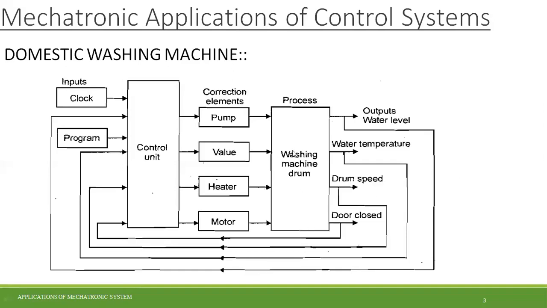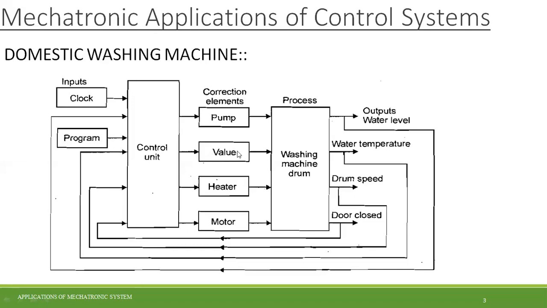So here this drum, after sucking the water, will need to be rotated by cutting off the pump, and the major power supply to the pump will be given access by the controller. After the drum is filled, the sensor will give the feedback signal to the controller that the drum has been filled, and this indicates that even though the power supply still exists, the valve of the pump that is supplying water to the washing drum will be switched off, so that the necessary actions are taken by the controller.